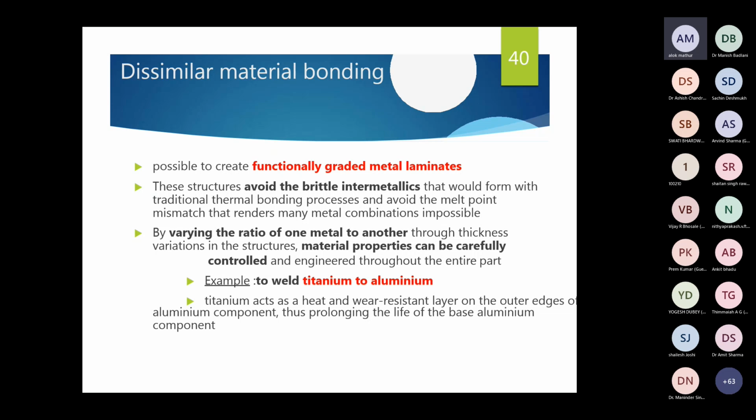Here we try to create functionally graded metal laminates. These structures avoid the brittle intermetallics that would form with traditional thermal bonding processes and avoid the melt point mismatch that hinders many metal combinations, by varying the ratio of one metal to another through thickness variation.